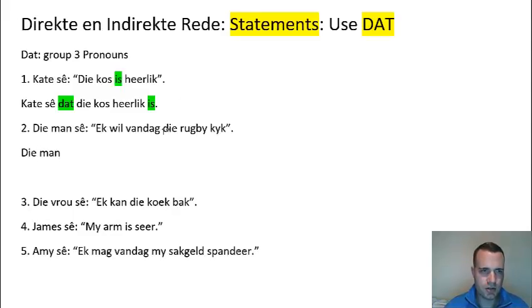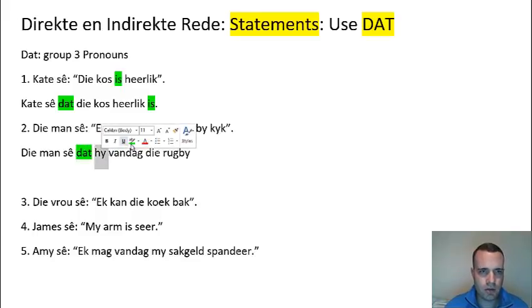Die man sê dat, he wants to watch rugby today, that hy, vandag die rugby. So we've put in the dat, and we've changed the pronoun, ek changed to hy.